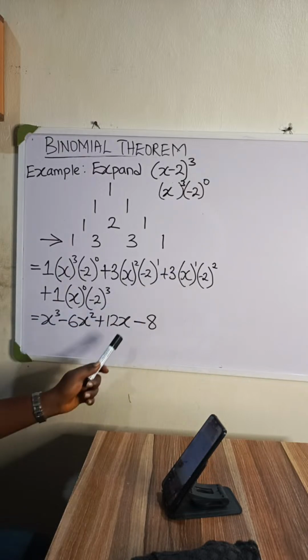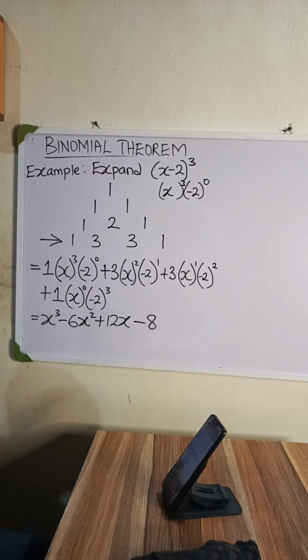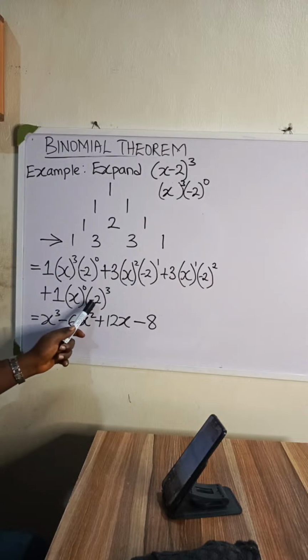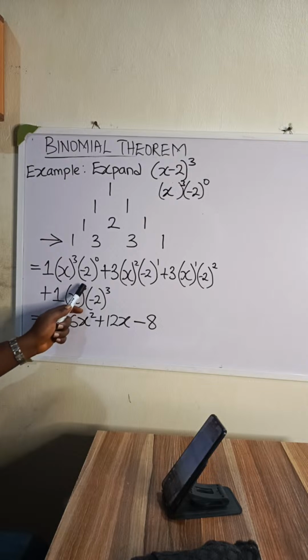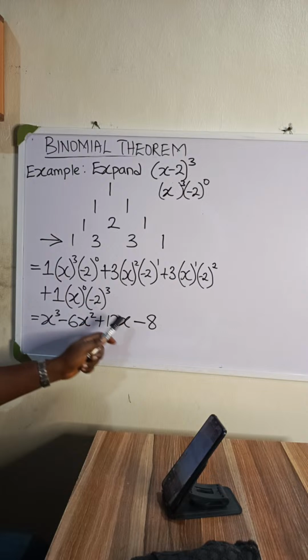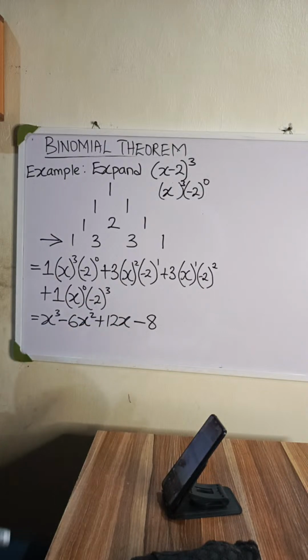X to the power of 1 is the same thing as x. And then we have minus 2 to the power of 3 is minus 8. X to the power of 0 is 1. So 1 times minus 8 gives us minus 8. So we have used Pascal's triangle to expand this simple binomial.